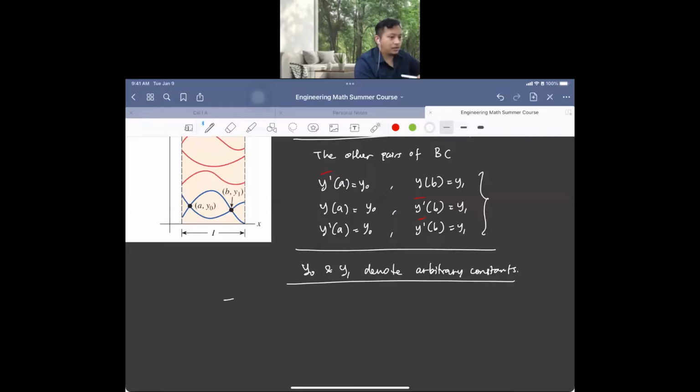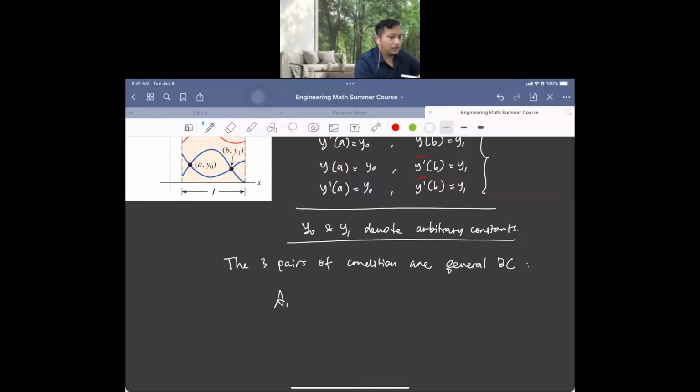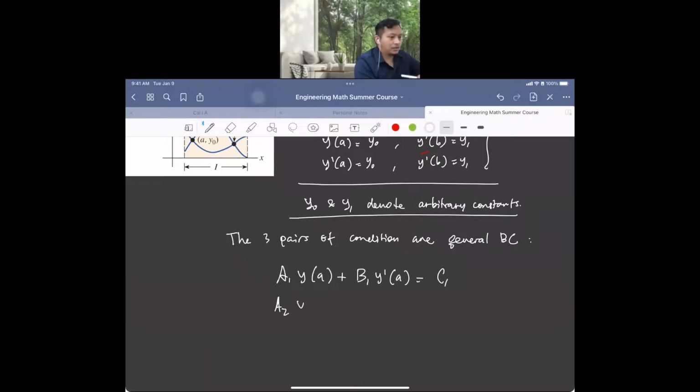And all three pairs of our boundary conditions are general boundary conditions: a1 y(a) plus b1 y prime(a) equals c1, and a2 y(b) plus b2 y prime(b), sorry, equals c2.